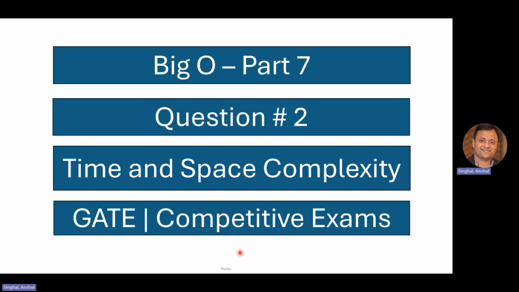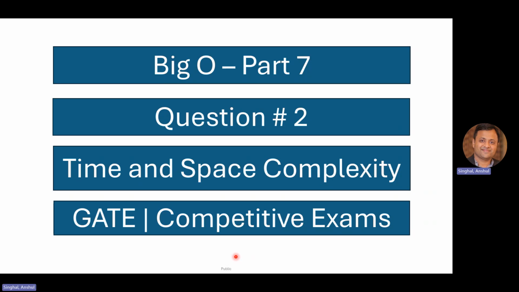So just a recap before we look into this question. In previous parts, from 1 to 6, we covered the basics of big O notation, starting with what big O is, what its significance is, where it is used, and then big O, big omega, and big theta, the differences between them, and then best case, worst case, and expected or average case scenarios.